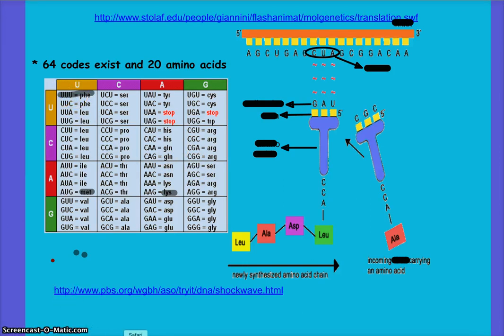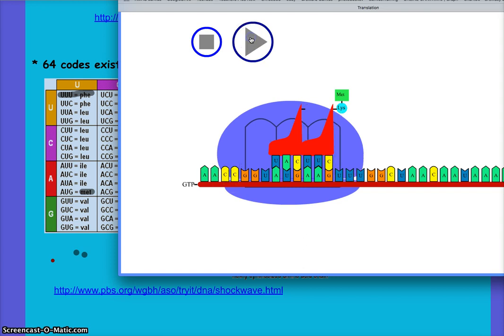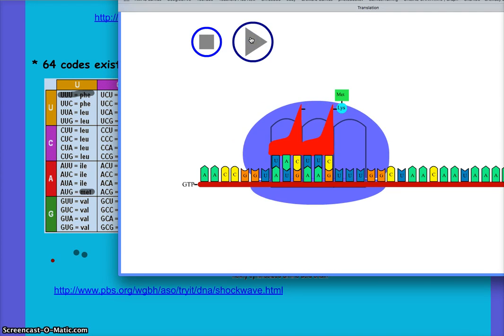Let's watch the animation and see if that's right. UUU is my codon. tRNA is going to bring AAA, and look at the PHE. Okay? What's my next codon? Say it out loud. GGC. What's my anticodon? CCG. Who's bringing it?